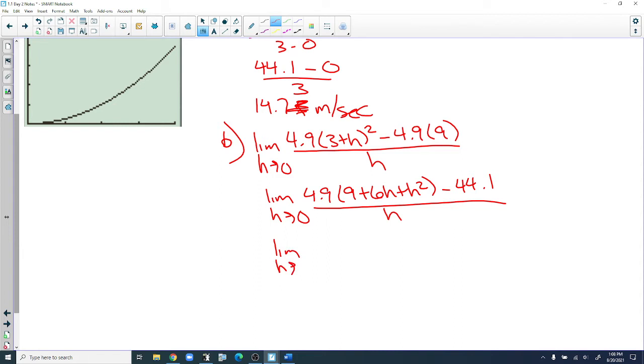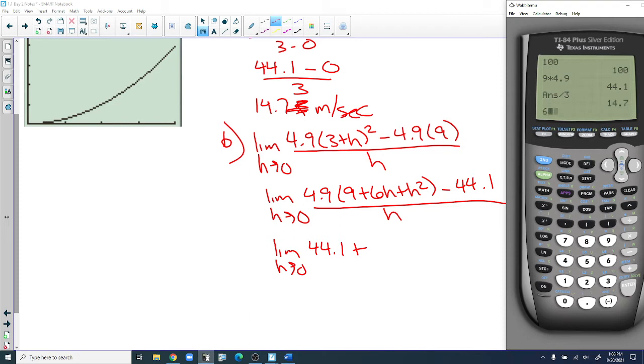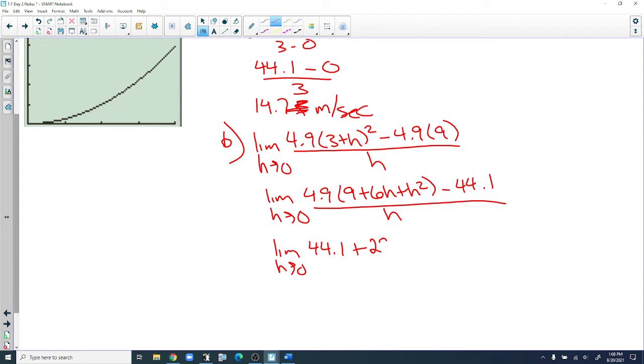Limit as h approaches 0 of 44.1 plus, I need 6 times 4.9. 6 times 4.9, 29.4h plus 4.9h squared minus 44.1 over h.